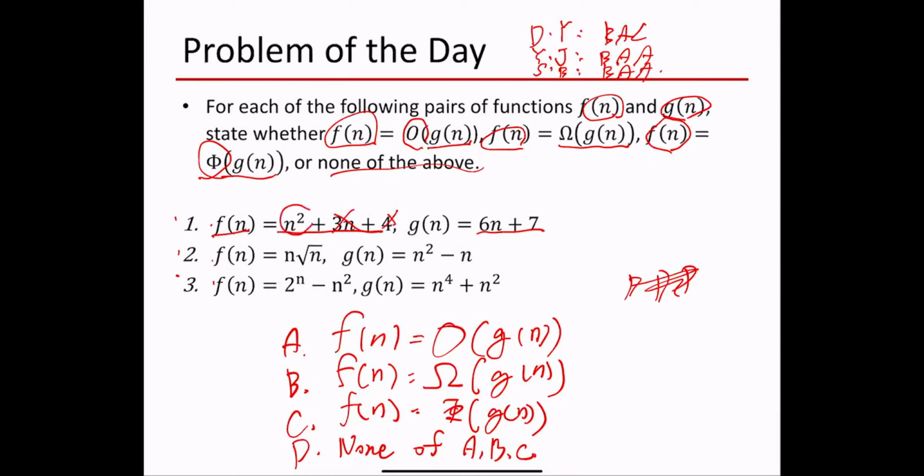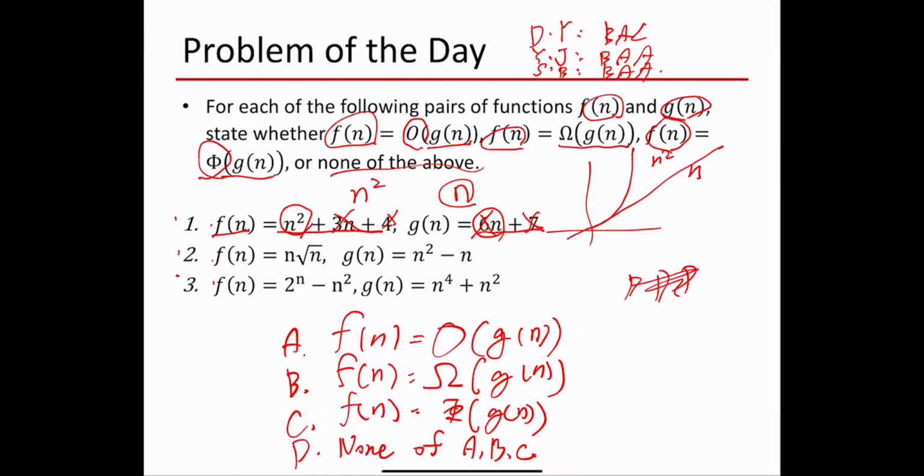I only care about the major component, which dominates. And here, I also don't care about this constant c. So I'm comparing n squared and n. Oh, n is definitely a lower bound to n squared. N squared, n.